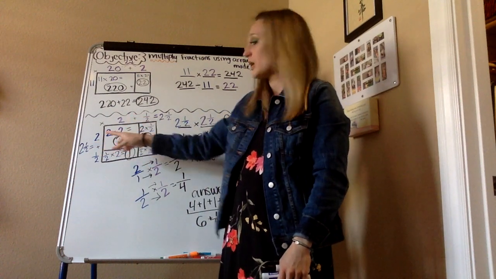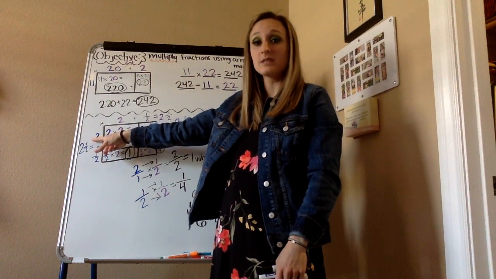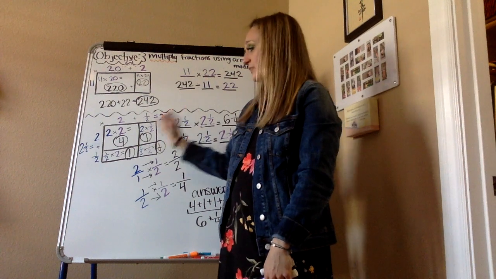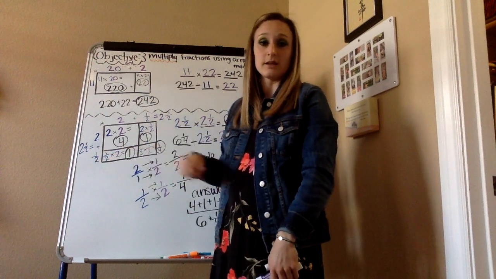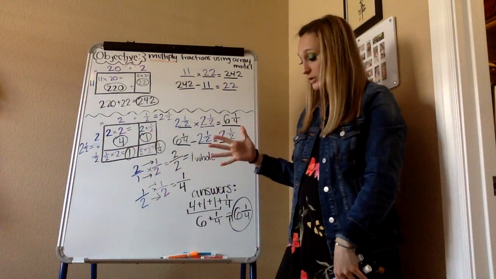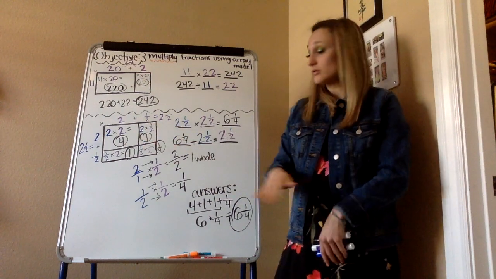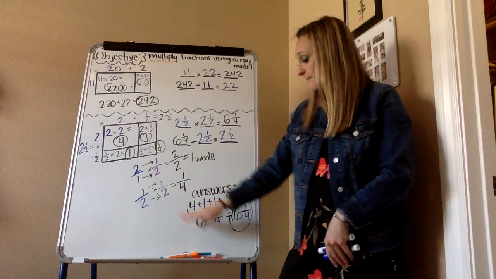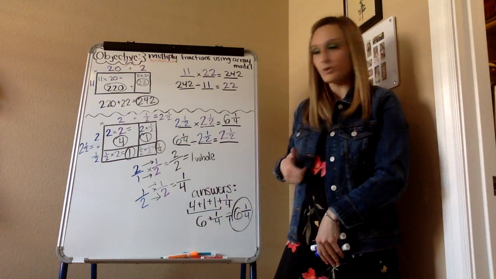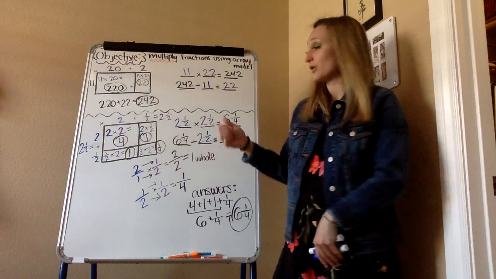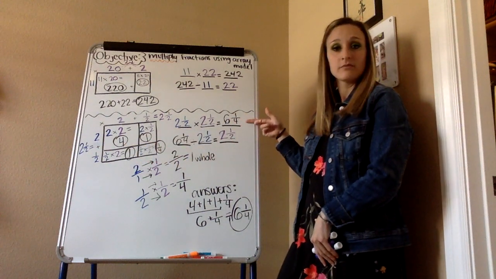Once you've completed that box, start back at that same side and go up to the top again, 1/2. Okay? Do the same thing with the second row. Not all of them are going to have that many rows, but that is what you're going to do. Do remember to add all the answers from each of the boxes together in order to get your final answer.